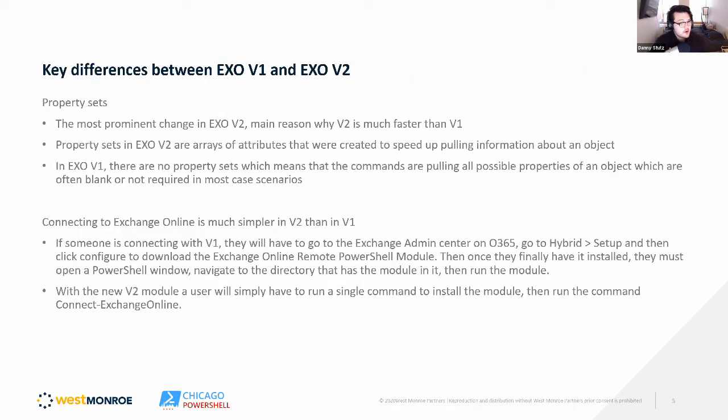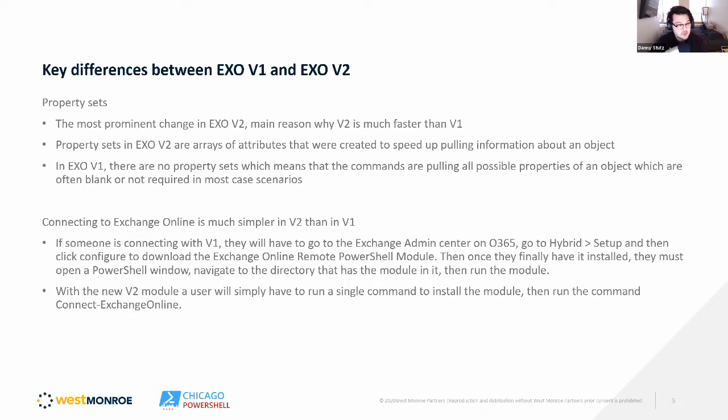So the primary difference between Exchange Online v1 and Exchange Online v2 is property sets. With the Exchange Online v1 commandlets, specifically get-mailbox, get-mailbox will pull upwards of 200 attributes, maybe a little bit less, maybe a little bit more, but it's pulling all available properties it can on an object. That's what the v1 commands are doing.